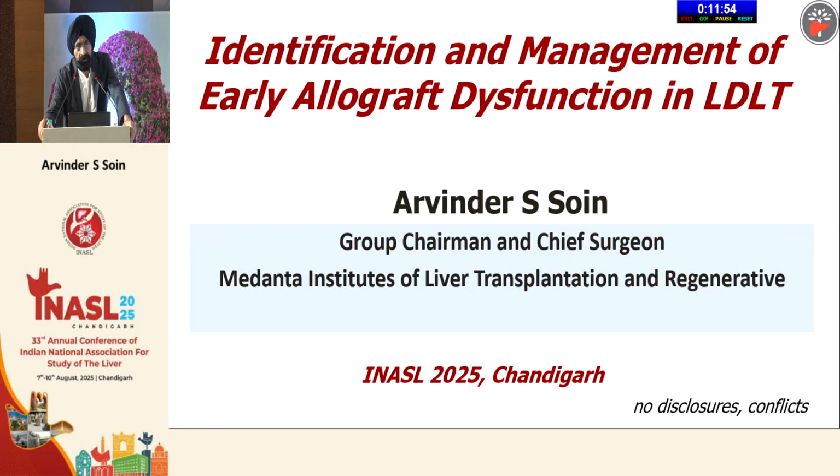So the preservation times being low, the ischemia reperfusion injury as a phenomenon is much less. Fatty livers are generally much less prevalent in the LDLT situation because you don't take such donors that have more than 10-15% fat. So let's try and understand what is this early allograft dysfunction in living donor liver transplantation.